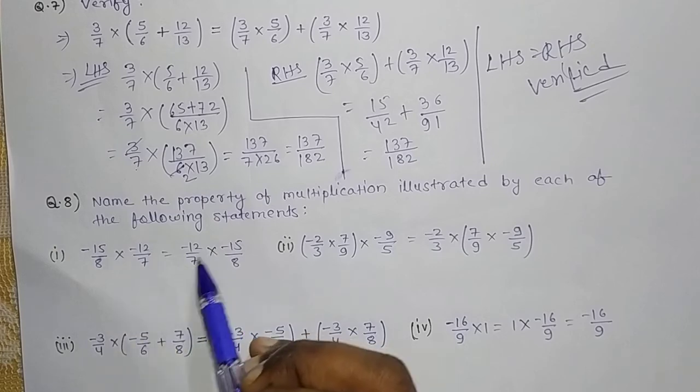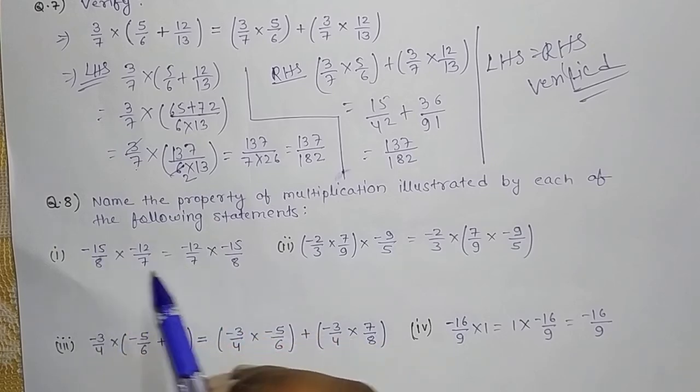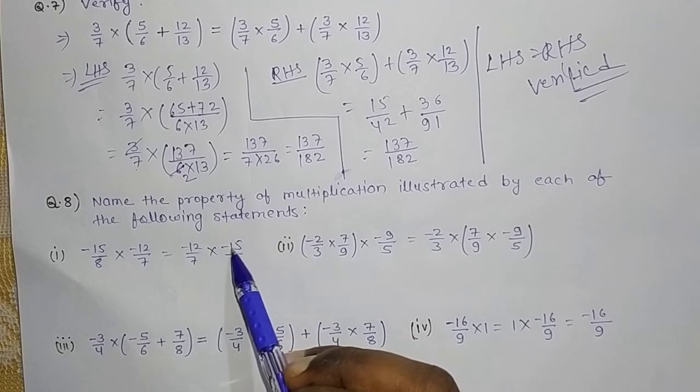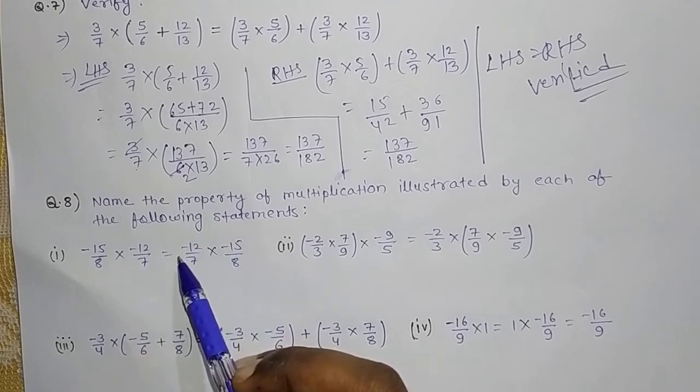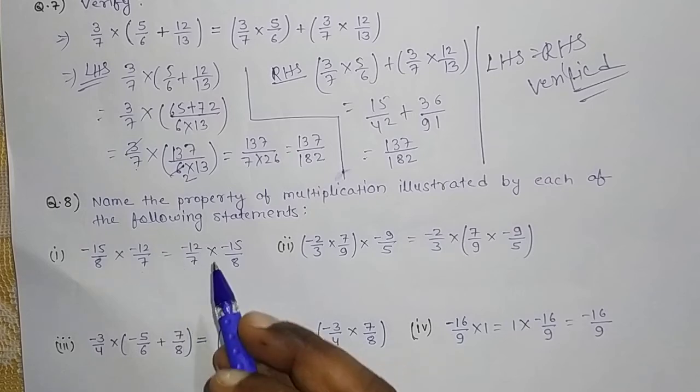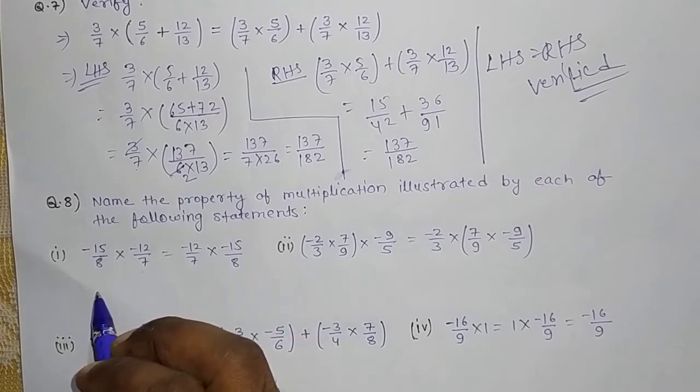So here we can see the first number goes as the second number and the second number goes as the first number. So this is simply the commutative property. We know that. What is the commutative property?